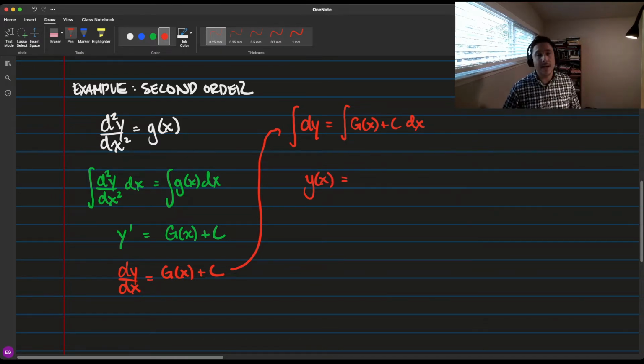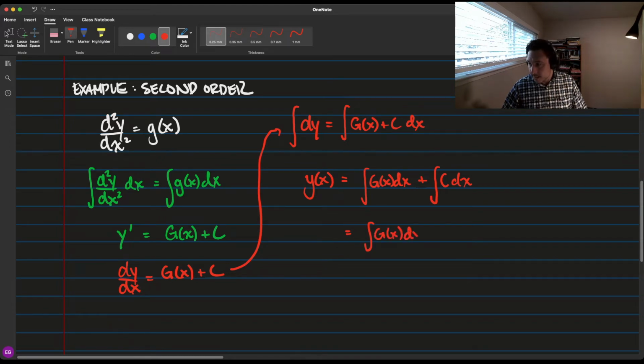Now, you can use the properties of the antiderivative or the indefinite integral. This becomes the antiderivative of g of x with respect to x plus the antiderivative of c with respect to x. And so we can't do anything about this one.